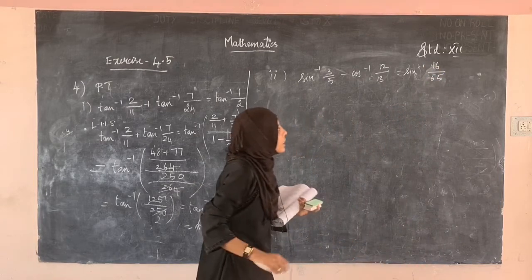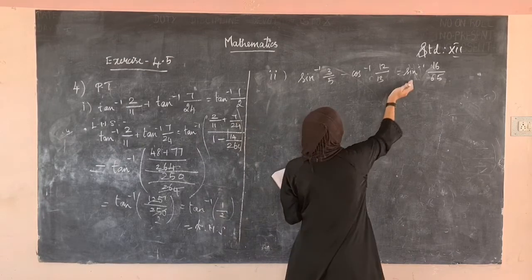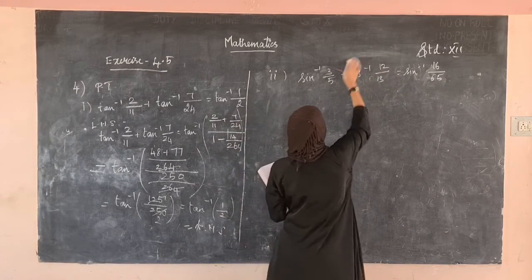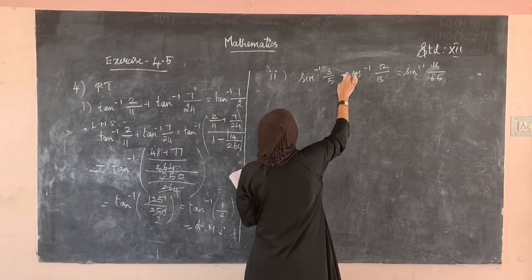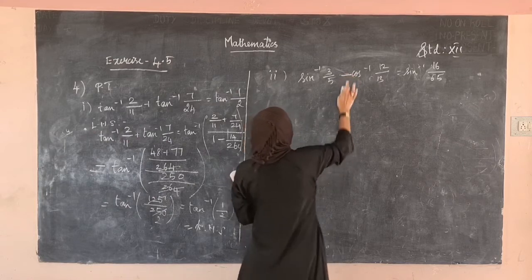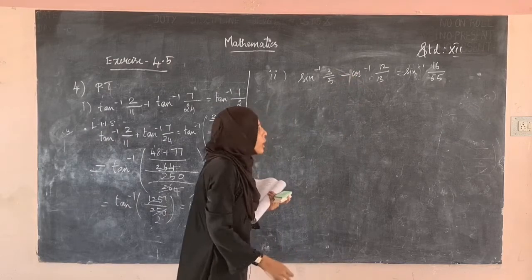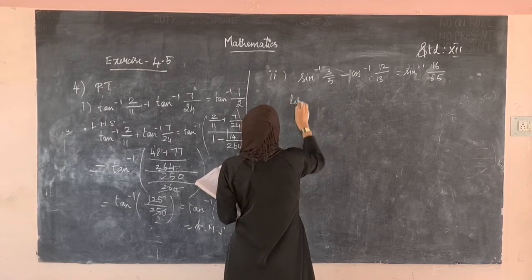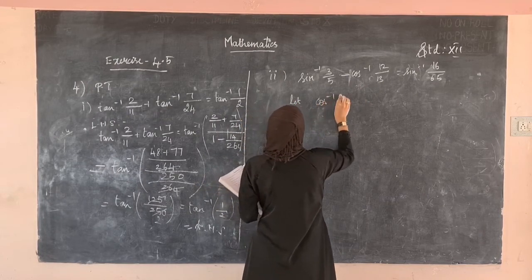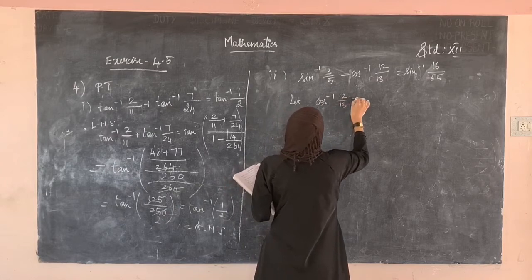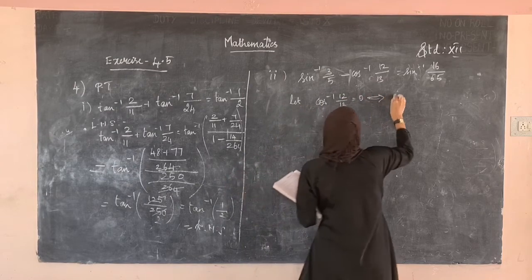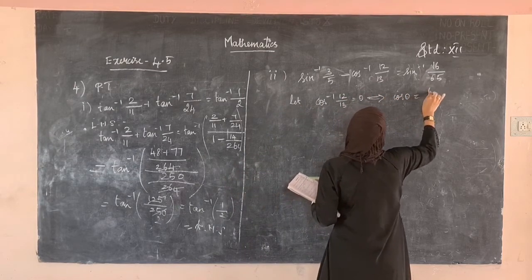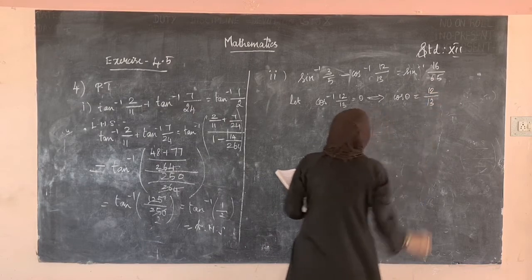Okay, see the answer, it's in the format of sin inverse. So we have to change this to sin inverse, then we have to apply the formula sin inverse of A minus sin inverse of B. For that we have to change this into sin inverse. So now let us take cos inverse of 12 divided by 13 as theta. Then here cos theta will be equal to 12 divided by 13.